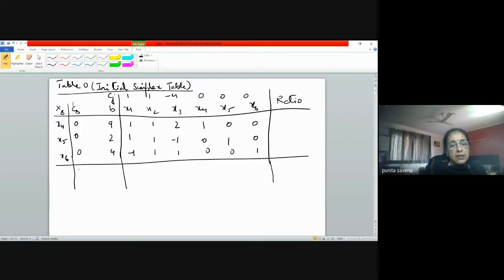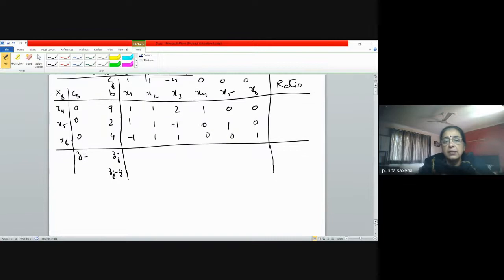And as I said, we'll be calculating our Z here, and for the time being we can compute Zj, and then we can compute Zj minus Cj along with that, so that there is no mistake. We can do it this way too. So now you have to refer to your notes, because we are doing it from those.